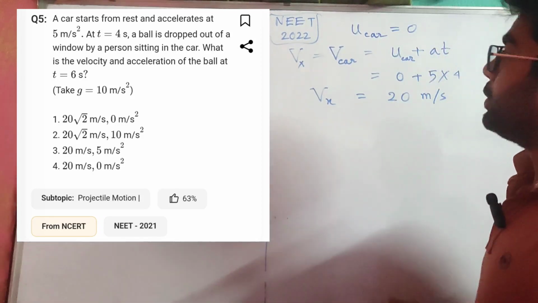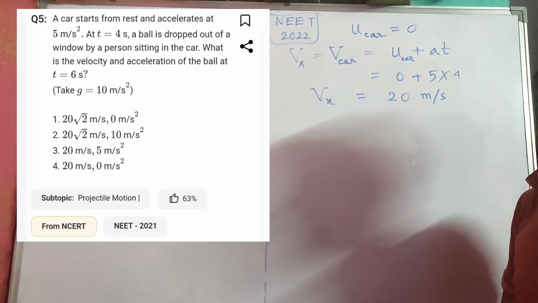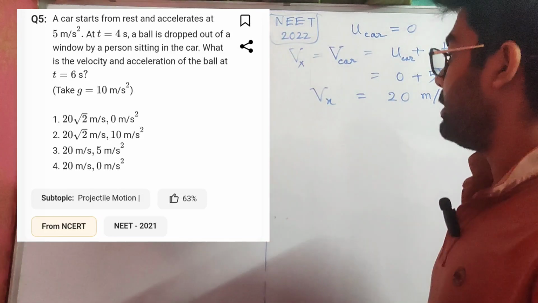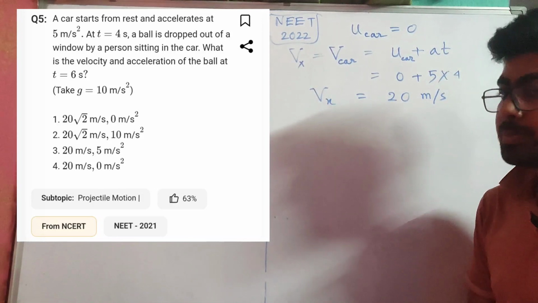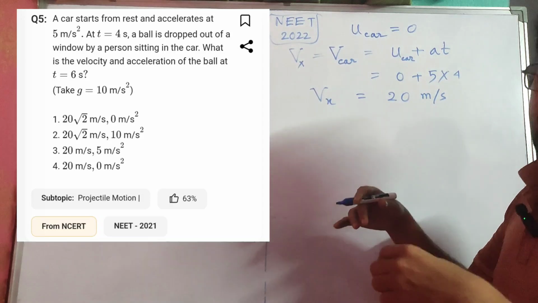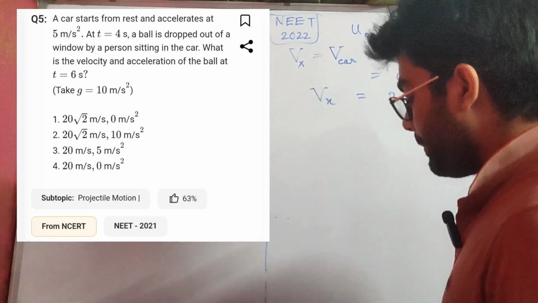And again we calculate the velocity of the ball along the y-axis, the vertical axis, and then the relative speed from the velocity along the x and y axes.